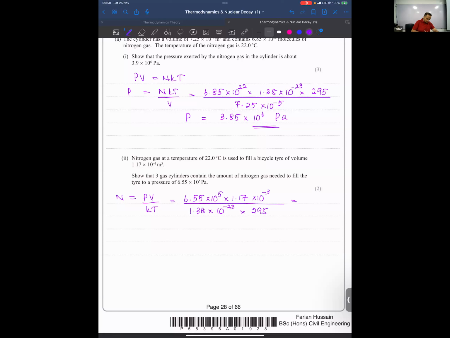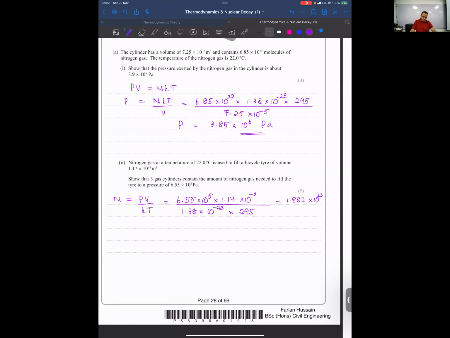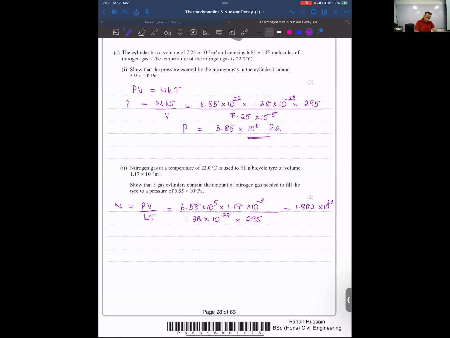This is the number of molecules required to fill the tire. That's going to be 1.882 into 10 to the power 23 molecules. Then one cylinder has how many molecules? 6.85 into 10 to the power 22 molecules.